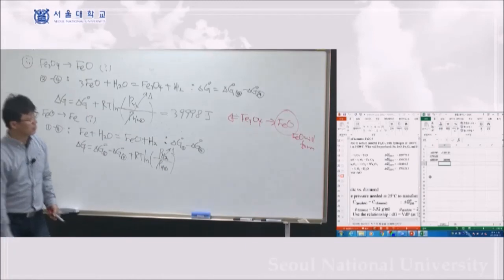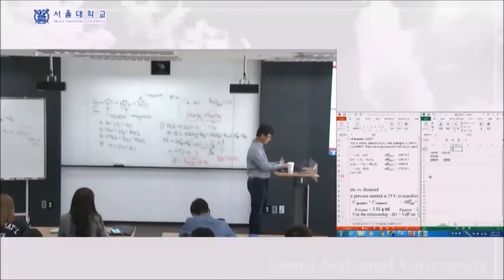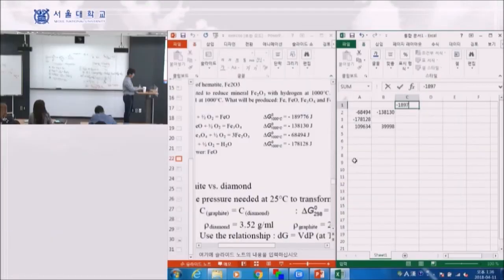So 1 minus 4. So as you can see, 1 minus 4 looks like negative term already. Yeah? So 1 is minus 1, 8, 9, 7, 7, 6.